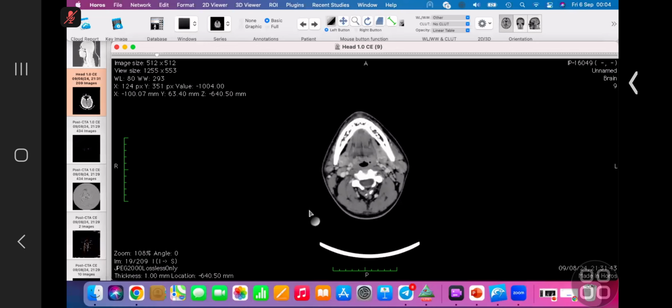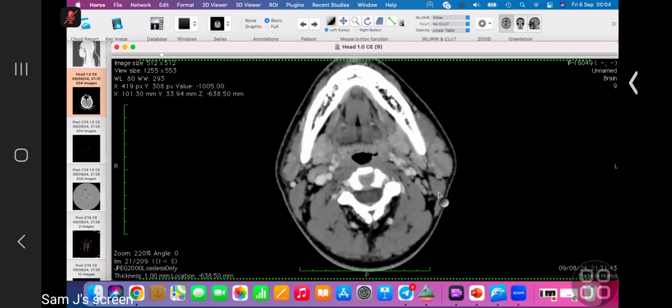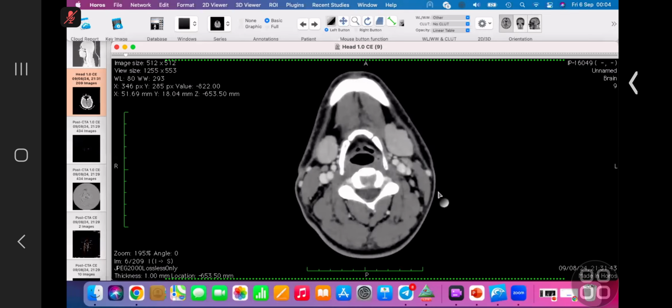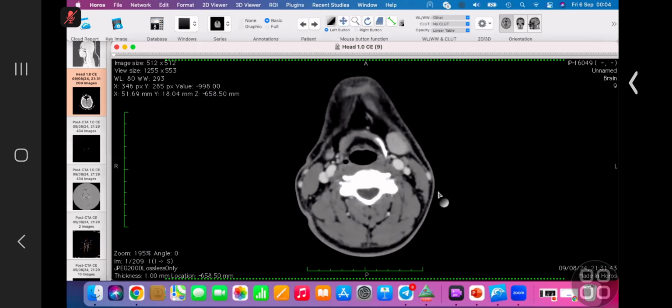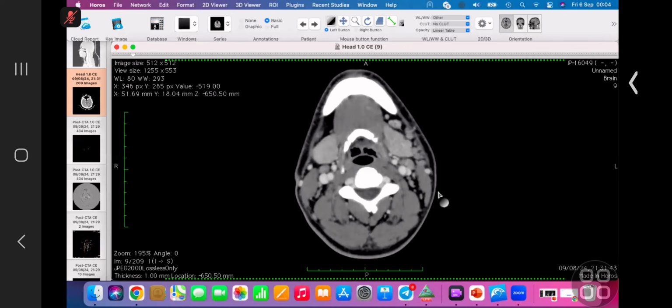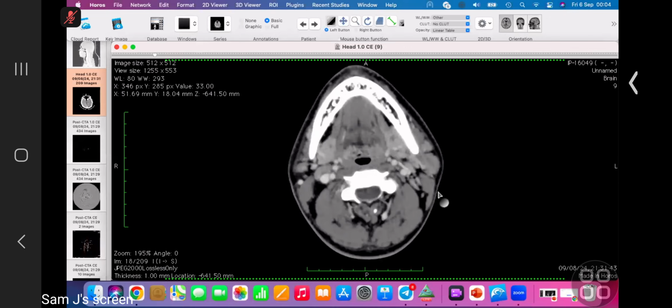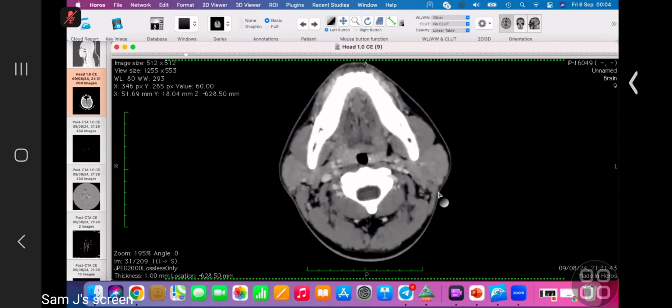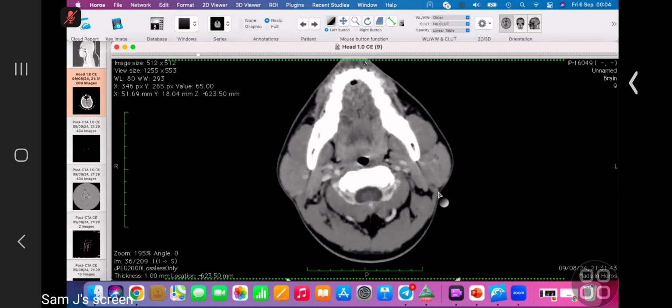Doctor, can you zoom the image a little bit more? So focus on the vessel.